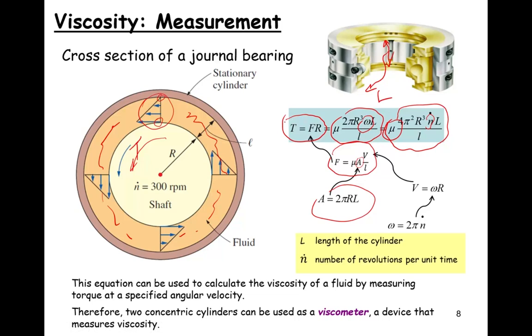Because you're rotating and you have a facility to measure the torque, the only unknown would be viscosity, which you can work out. This is the principle of how viscosity is measured, and they call it a viscometer or rheometer or something like that.